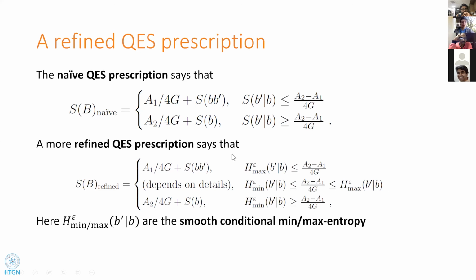In principle you could apply this rule even for non-static situations, just where you say A1 and A2 have to be the two extremal surfaces. But if you have more than two extremal surfaces, then we have a rule for the static case, but I don't really know what the rule should be for the time-dependent case.